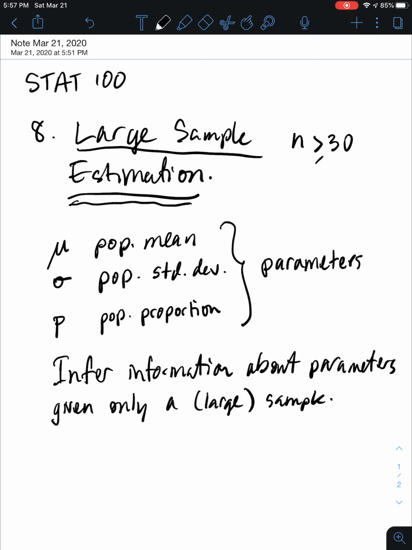So that is the miracle of statistics, that we can say something about these numbers, mu, sigma, and p, given just information about a relatively small sample.